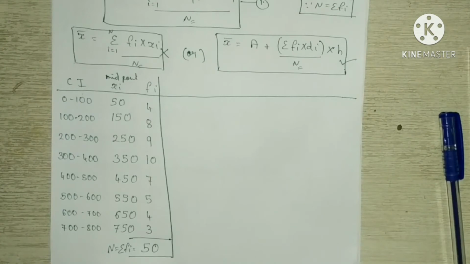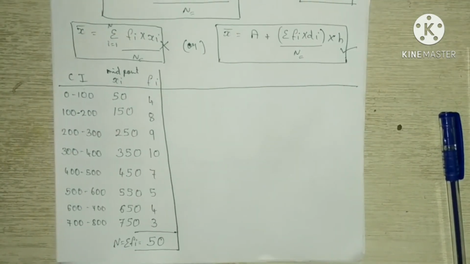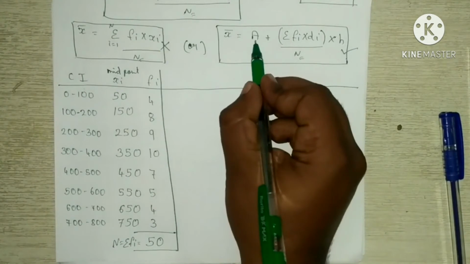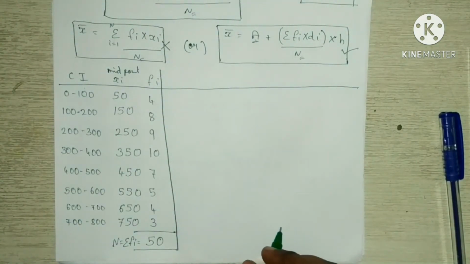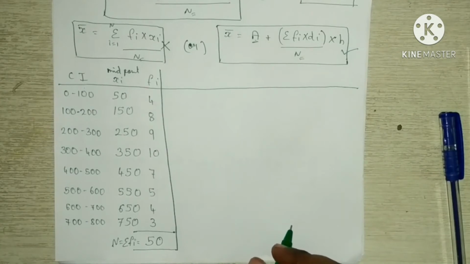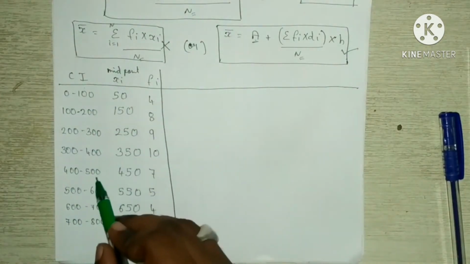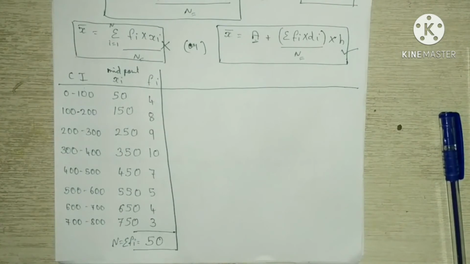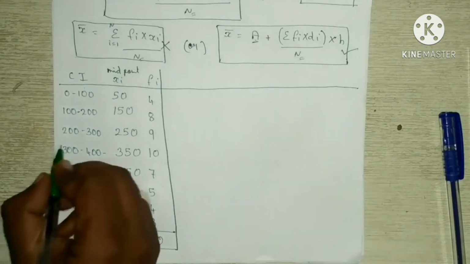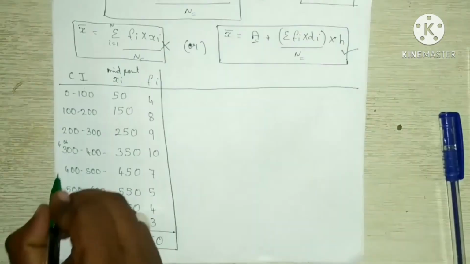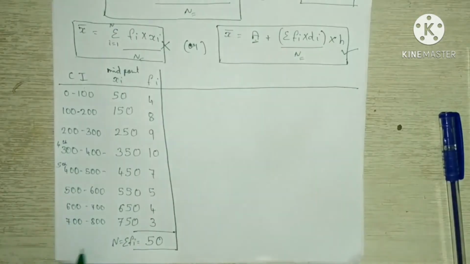First you need to get a. How will you find a? How many terms are there? 1, 2, 3, 4, 5, 6, 7, 8 terms. The middle of 8 terms will be the 4th term and 5th term. This is the 4th term, this is the 5th term, the middle value.